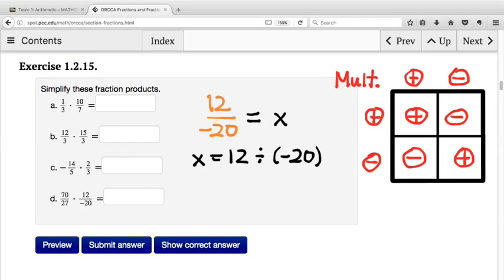A simpler example of this might be to say, let's suppose y is 12 divided by 4. So just use some nicer numbers to work with. If I say y is 12 divided by 4, what am I saying that y is? 3. Because somewhere in our memory banks we've remembered that 12 divided by 4 is equal to 3.